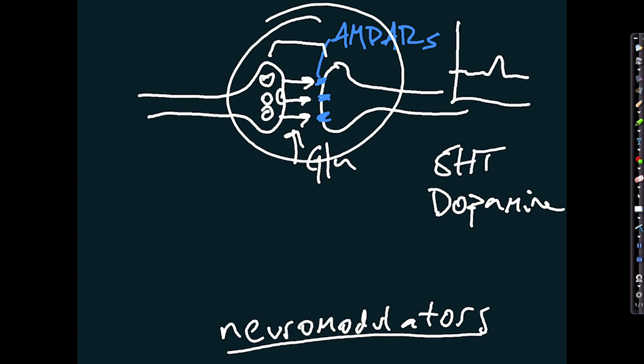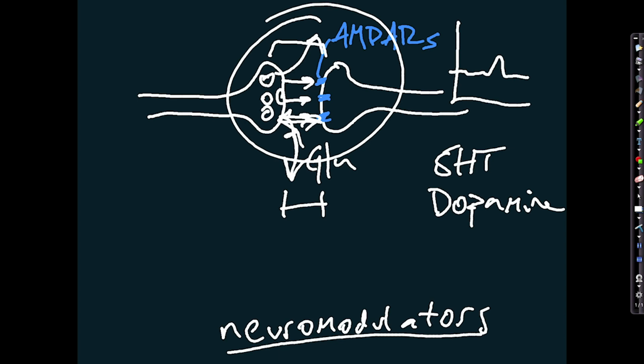Now, what's notable about this synapse is that the distance here is very, very small. The width of the synaptic cleft is kind of narrow, right? And that's so that glutamate doesn't spill out of the synapse.